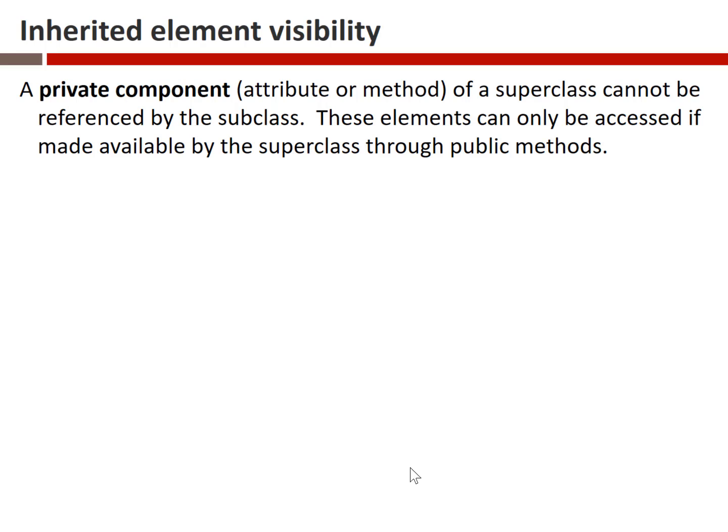But if I made something private, I'm going to have accessor and mutator methods that are public, and then the child is going to have to use the accessor and mutator methods. It gets kind of hairy, and it gets a little bit confusing. So I have two different ways to solve this. If I do what we've been doing, which is making things public and read-only, I don't have to worry about this at all.